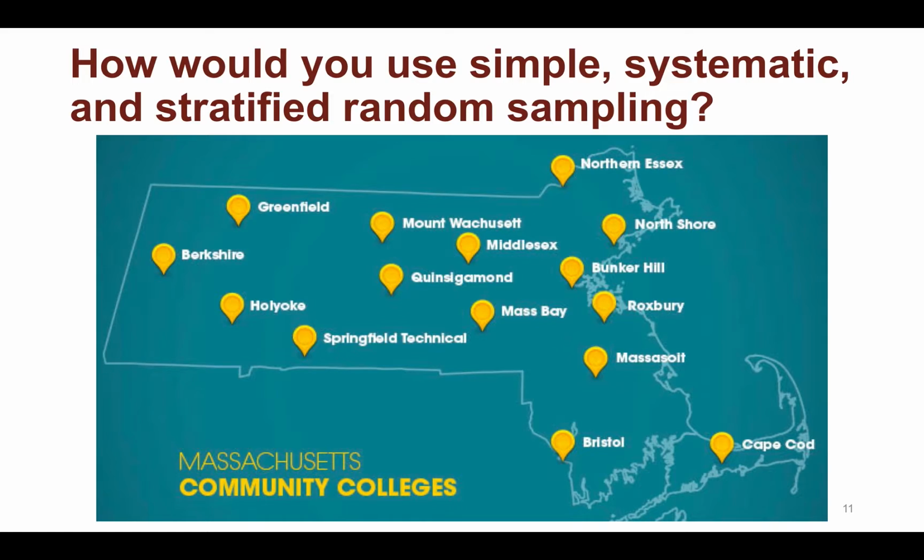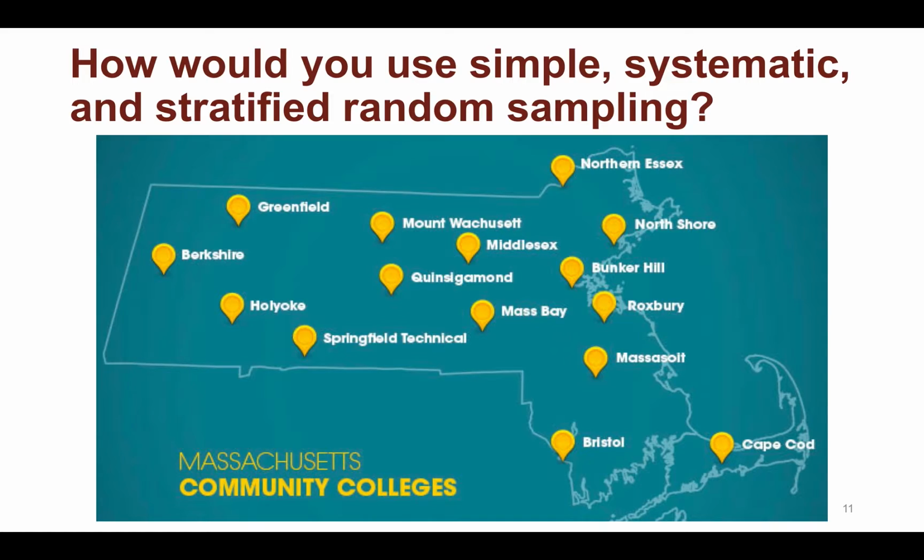So if we use simple random sampling, we basically create an entire list of all 156,000 community college students in Massachusetts, and we would use some type of random number generator, basically randomly draw names from that list, just kind of in random order. Let's say we want 100 people, so we draw 100 names.